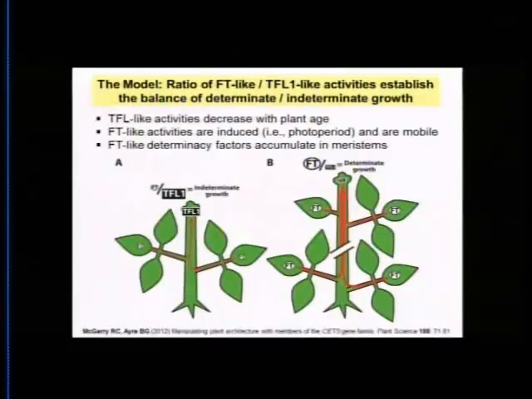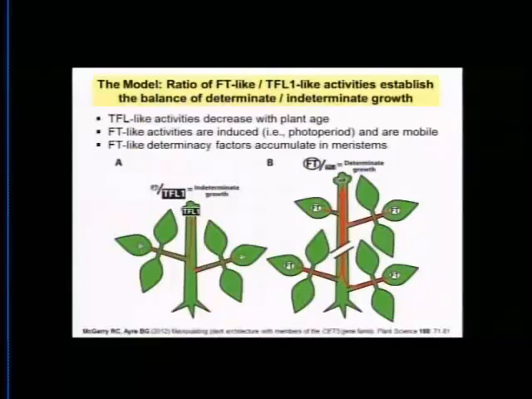The hypothesis says that in a very young plant, at the apex, you've got a lot of terminal flower expressed. So you're overexpressing terminal flower, which means you have signals for vegetative growth, so the meristem is very indeterminate.